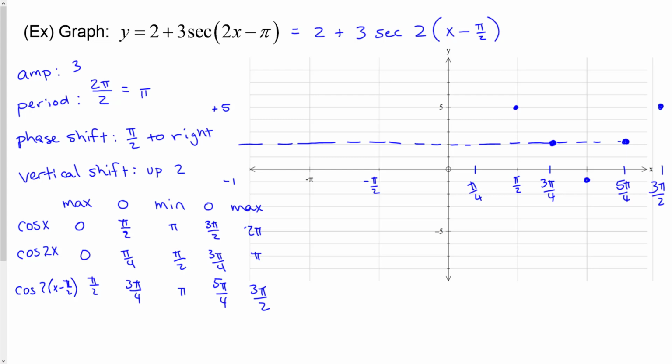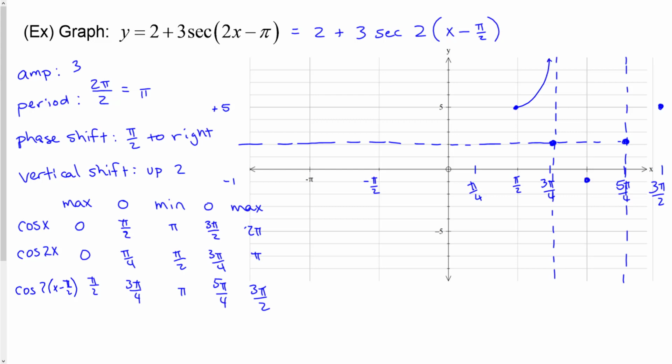Now, for one full cycle of our cosine, what we need to consider is where do the asymptotes go? Where do these U-shaped pieces go? The asymptotes are going to go wherever cosine hits that horizontal axis. So in this case, I'm going to have an asymptote here at 3 pi over 4 and at 5 pi over 4.